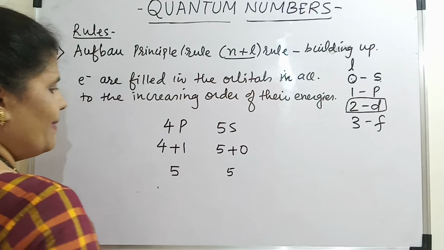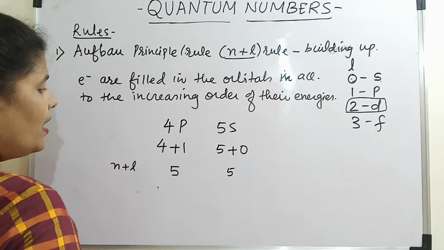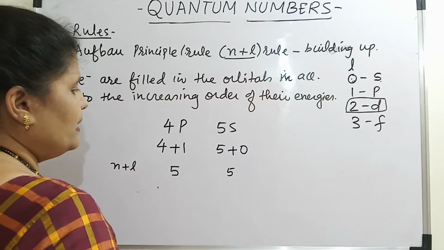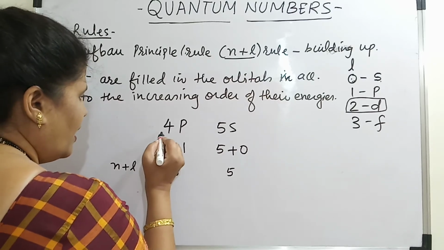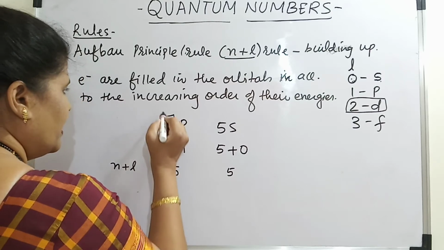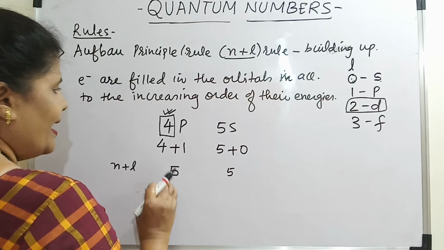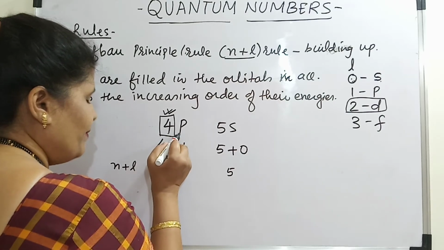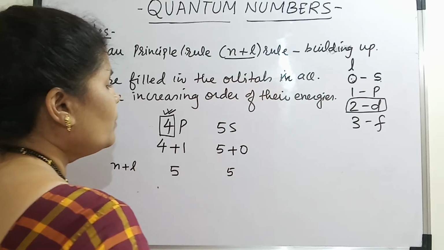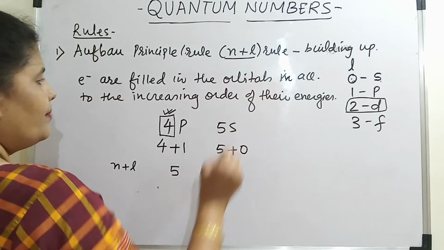Both values are 5, that is n plus l is 5. Now in which orbital should I fill the electrons first? The orbital having the lower principal quantum number will be given preference. So I must fill the electrons in 4p first and then move on to 5s.